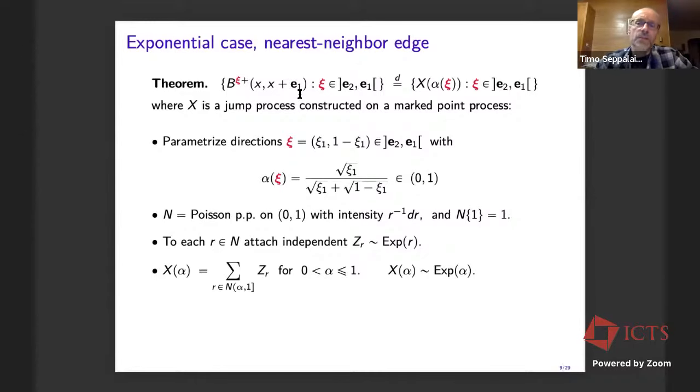So you can imagine this direction c sweeping out all the directions from e2 to e1. As you do so, for each direction, the geodesics from x and x plus e1 into that direction coalesce someplace. And the Busemann function jumps when that coalescence point jumps on the lattice.